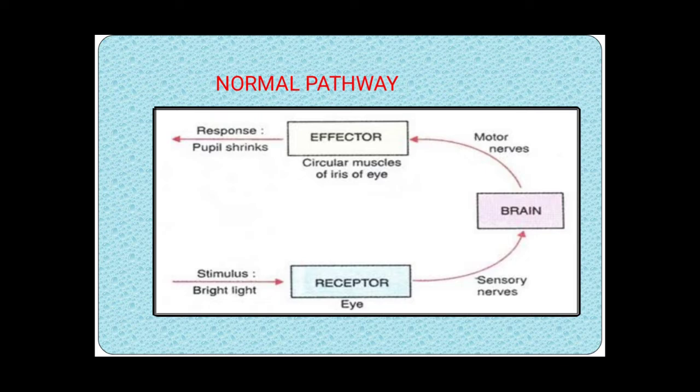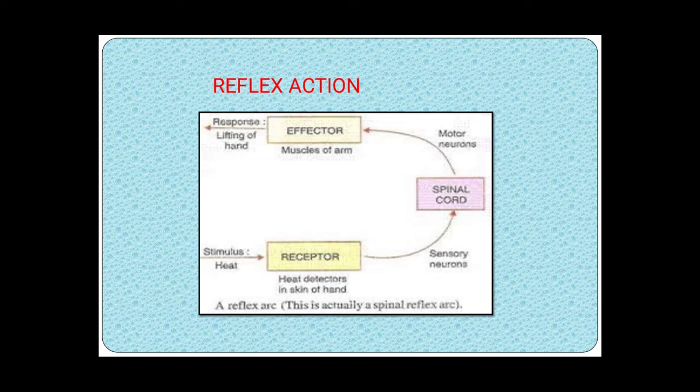Now we can go to another pathway which is known as reflex action. So you can see in the diagram you have a stimulus here, that is heat. The skin is the receptor here. It is taking this stimulus through the sensory neuron to the spinal cord. It is not taking it to the brain. Here we can see the spinal cord.